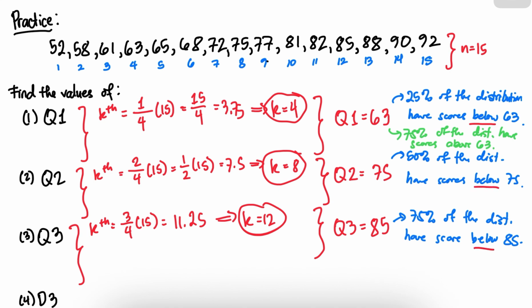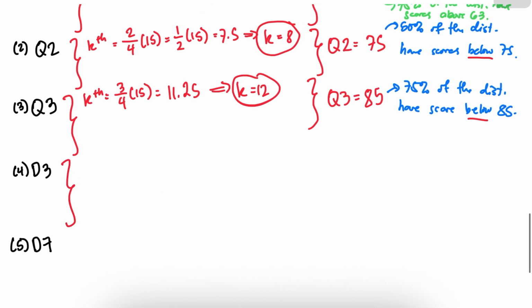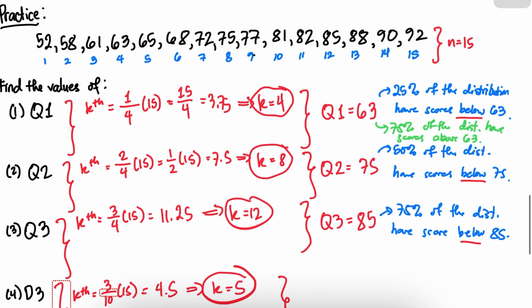Okay, so let's proceed to the last 4 items. For D3, to determine the kth value, it's going to be 3. It's decile, so we're going to divide it by 10, and then we're going to multiply that by 15. So we can go ahead and use our calculators for that. So 3 divided by 10 multiplied by 15 is going to give us 4.5. So this is going to be rounded off to 5. So, okay, let's go back to our data set. The fifth value is 65. I'm going to note that.